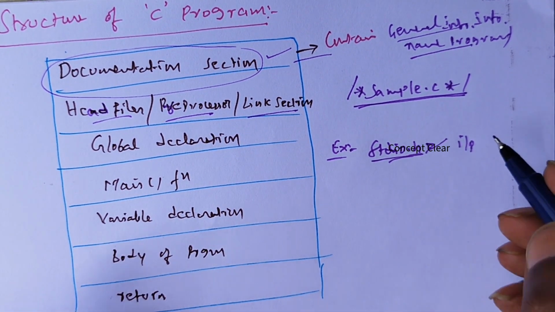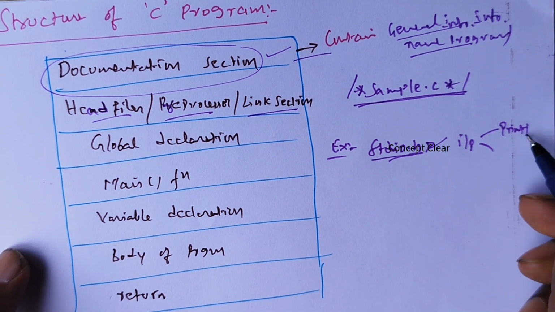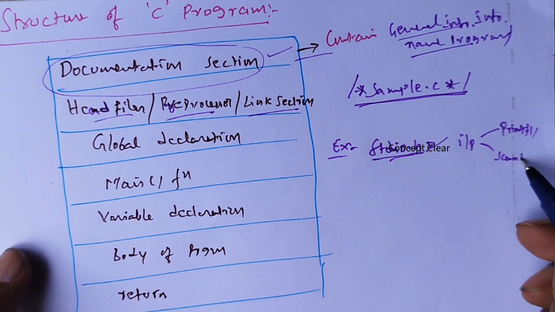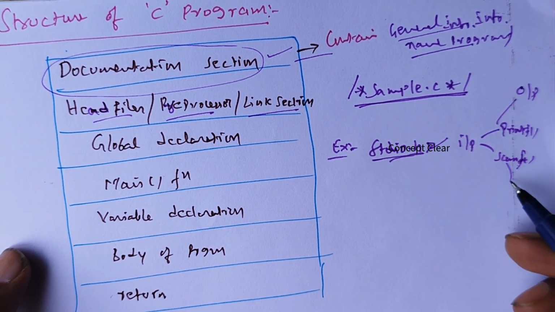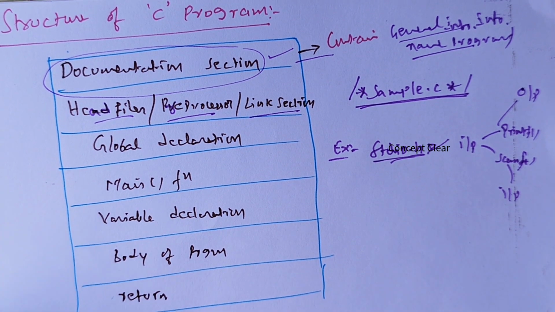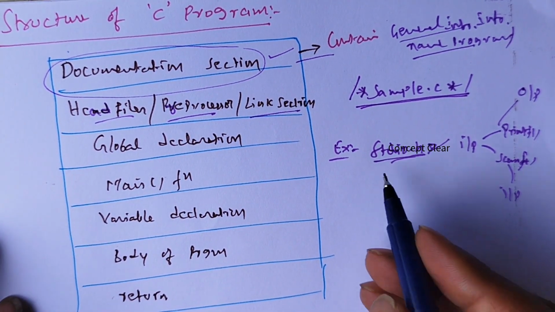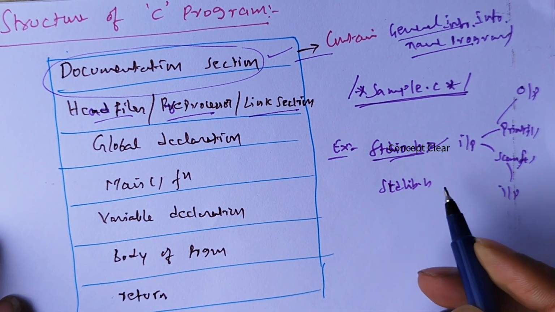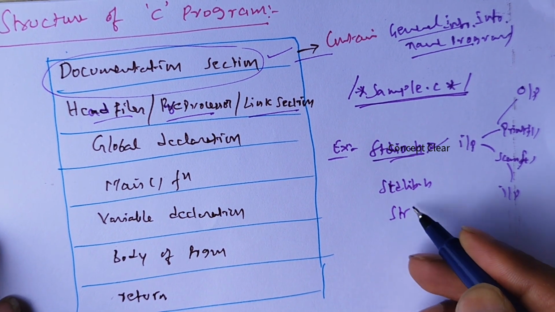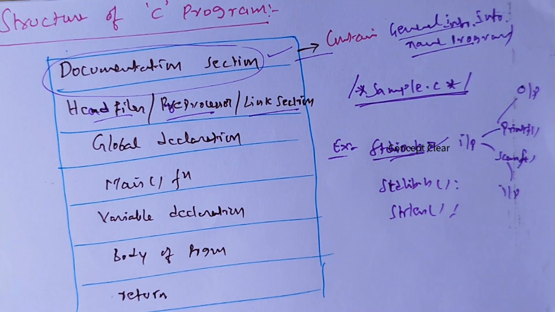Here we write the printf function and the scanf function. What is the meaning of printf and scanf? printf is for output and scanf is for input. These two functions, the standard library functions in stdlib.h, and the string length function are all inside the header files or preprocessor.